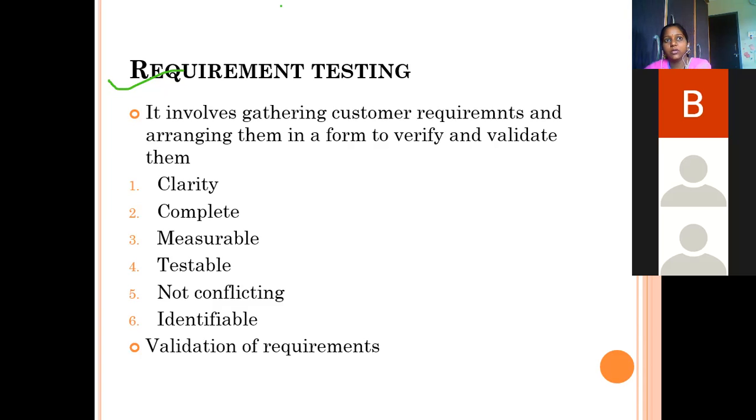If you are working on a high-end, server-side application, and for that purpose you need a system with high configuration, then those requirements should also come in your requirement document.